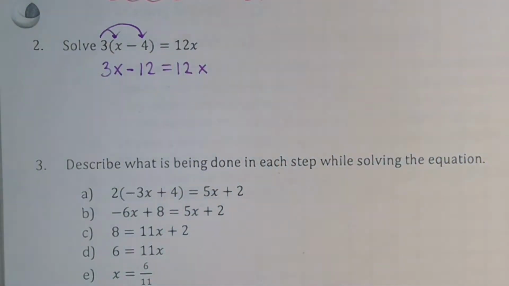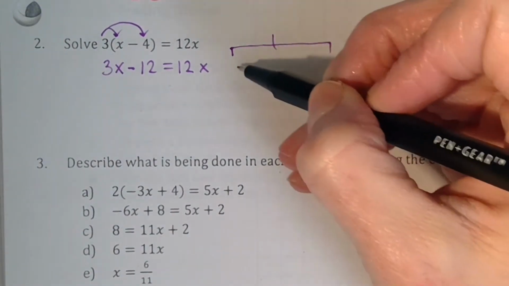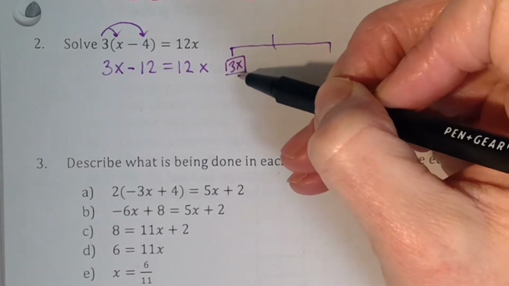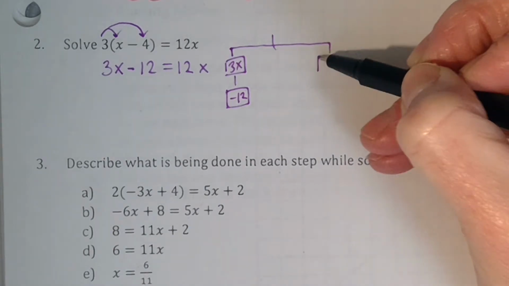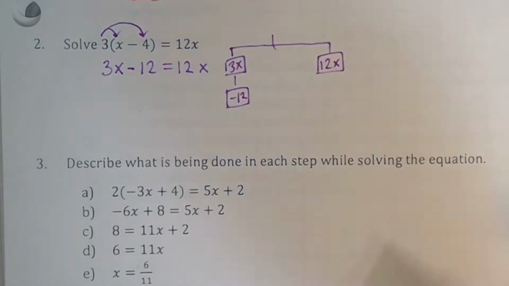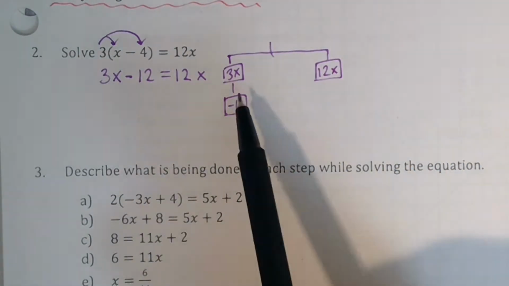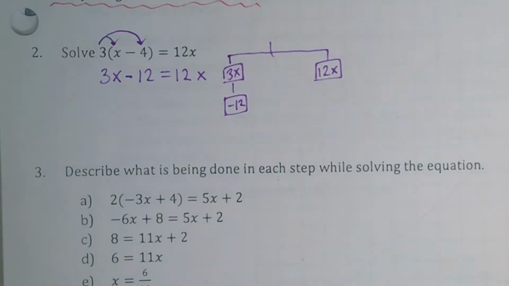So if you can imagine my hanger, I have 3x and negative 12 on one side, and on the other side, I have 12x. In order to balance this out, remember we need x's on one side of the hanger, the numbers on the other side.